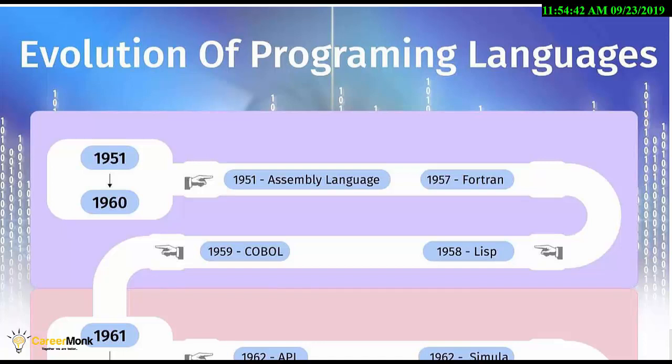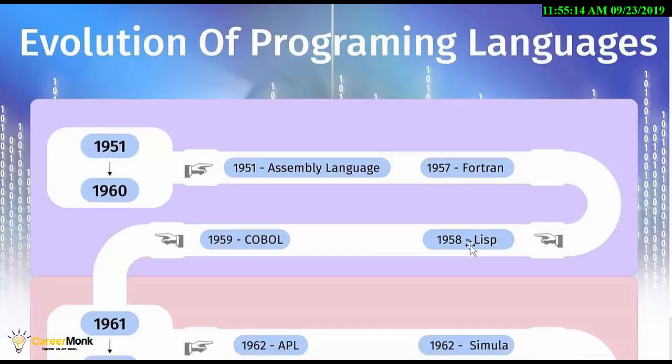Over this period, Fortran and COBOL laid the foundation for further development of programming languages. Assembly language holds a major role in the evolution of programming languages, and we are still using them, especially COBOL, which came in 1959. We are using it, right, in mainframes especially. So these are the major programming languages which are still available and used by the industry.